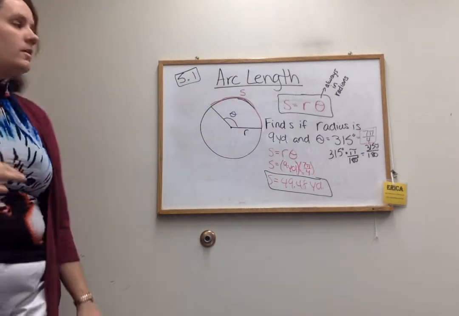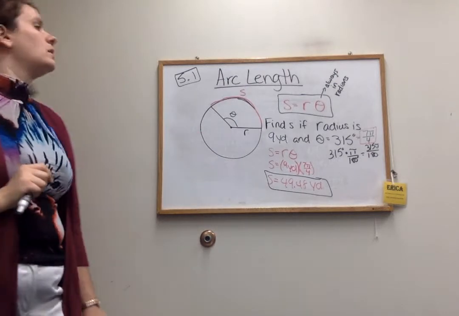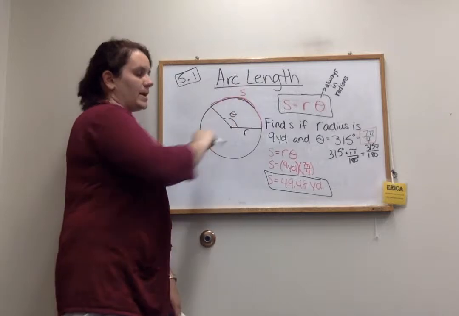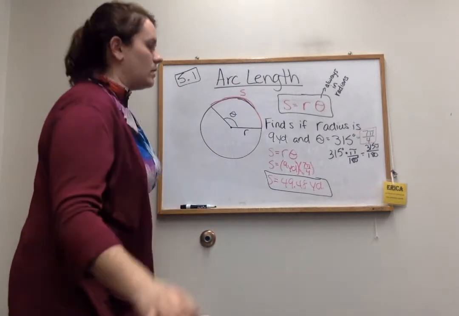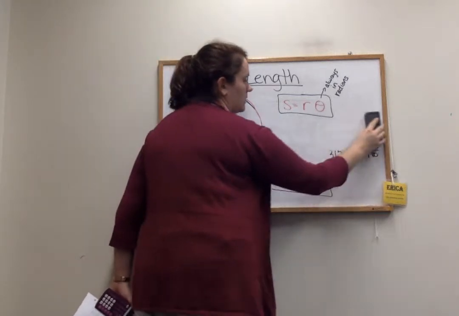So that's the arc length formula, and that's solving it for S to find the arc length. There are other problems where you're given the arc length and the radius, and you're asked to find theta. So we could also look at an example of a problem like that.